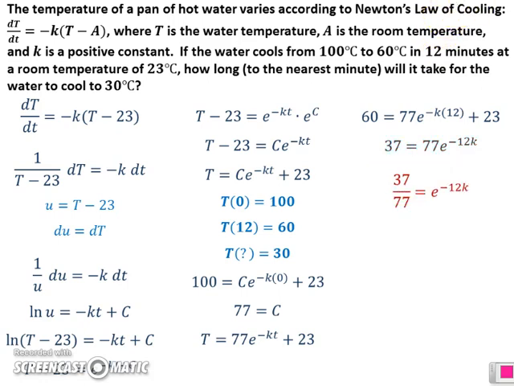And now at this step, if you want to undo an exponential function like this, we have to undo it with a natural log. So natural log to both sides, it's going to cancel out that e, and we're going to have negative 12k on the right-hand side, and the natural log of 37 over 77 on the left. And we're just going to take that natural log and divide it by negative 12. It's an icky decimal, rounded.